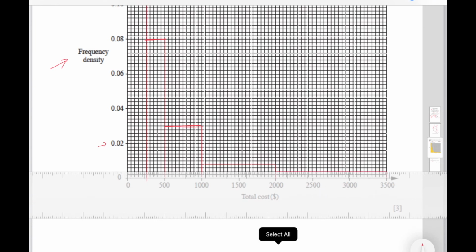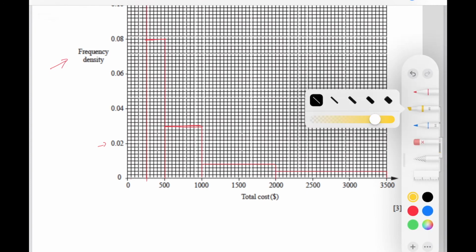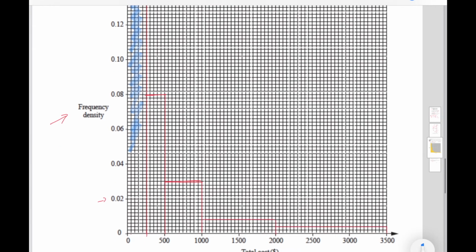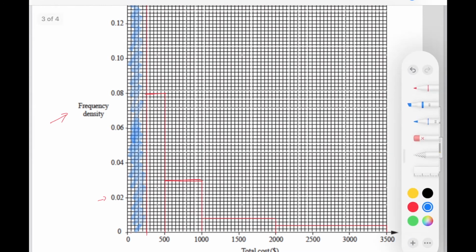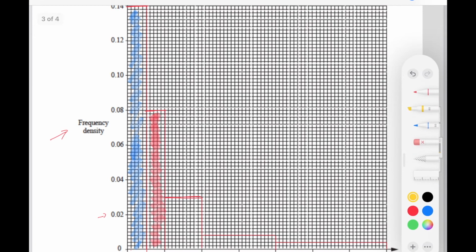So if I mark it clearly, let's use a highlighter to make it look good. Let's mark it in blue. This whole area is for the first bar. Then let's do this in red. This whole area is for the second bar. Then let's do it in yellow.